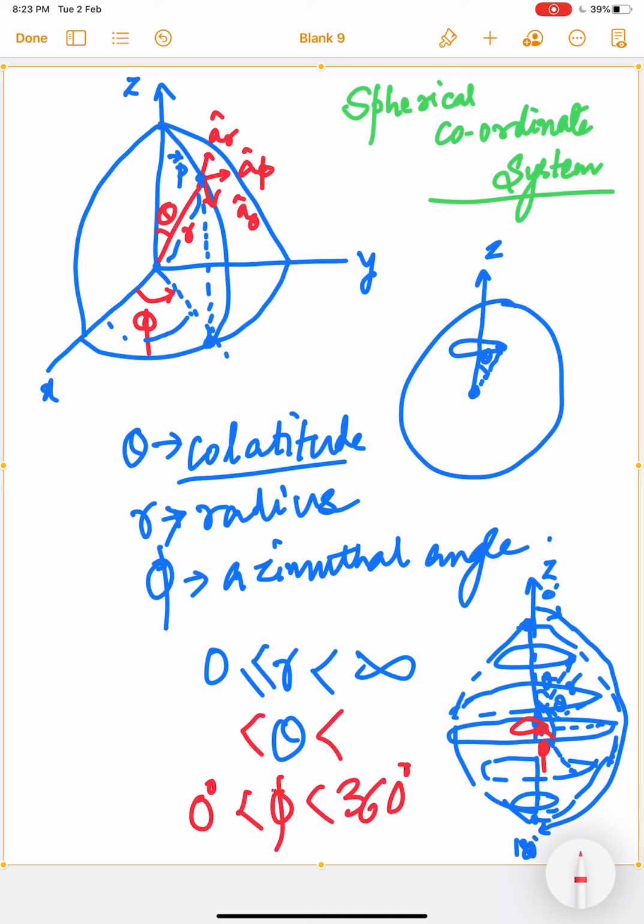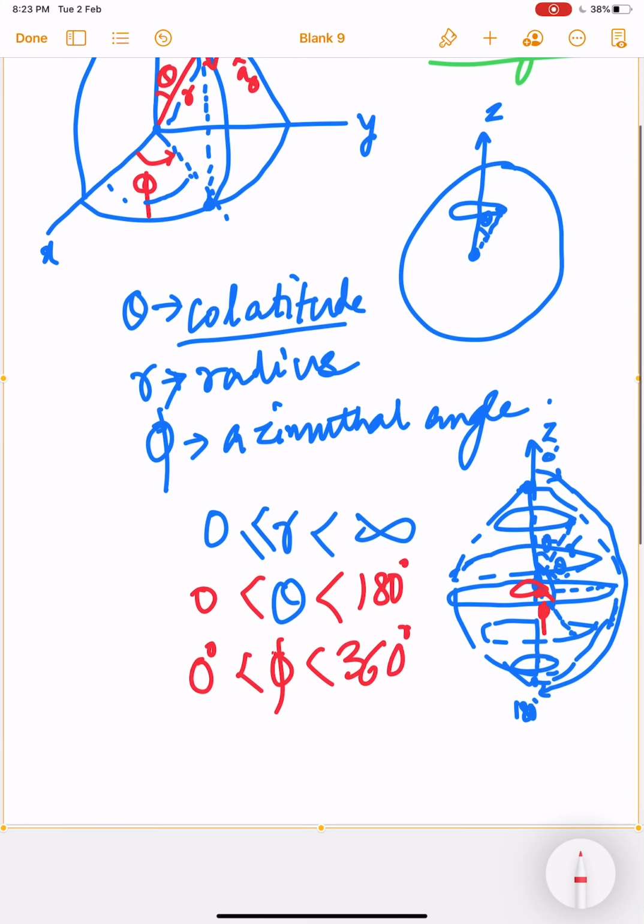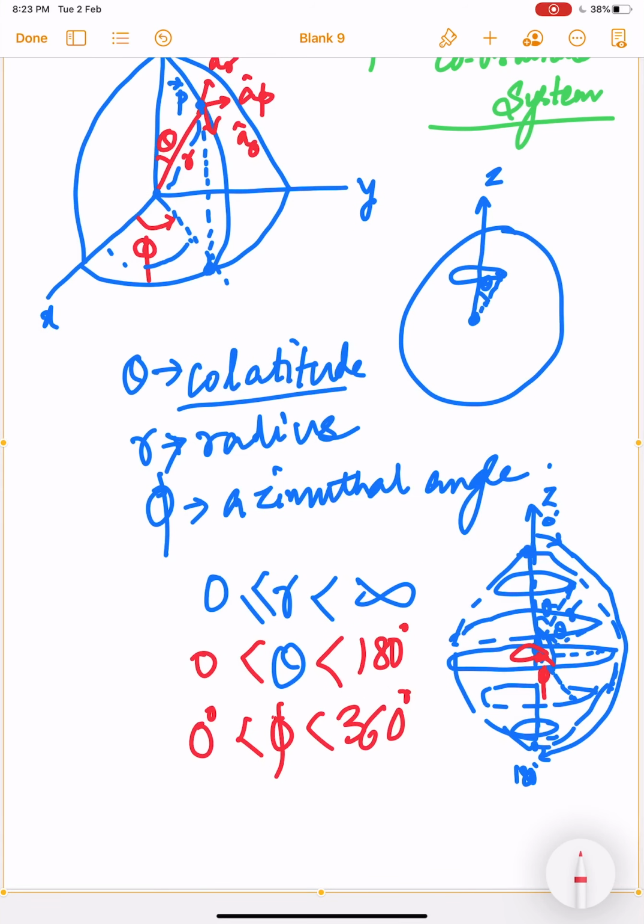Similarly, theta you vary from 0 to 180 degrees. This is one sort of limit, but it doesn't mean you can't make a sphere with other limits. We'll discuss that further.